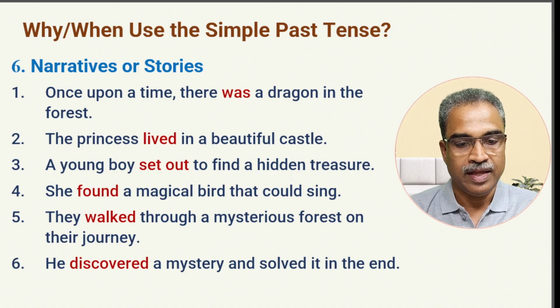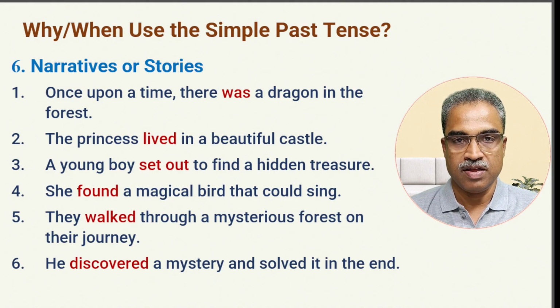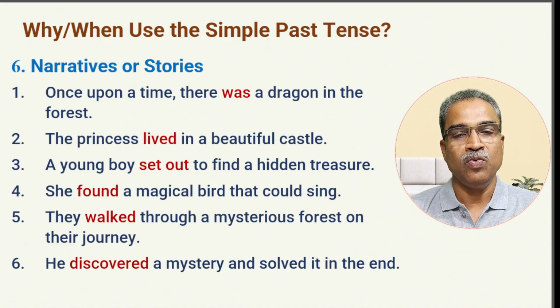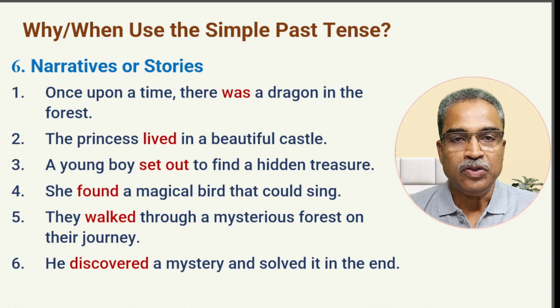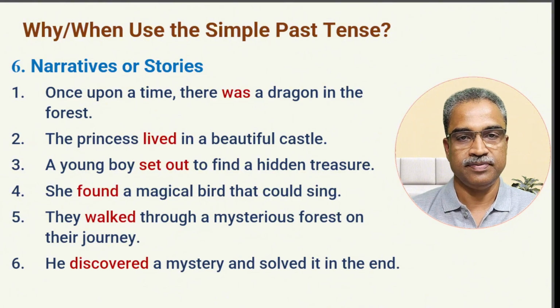They walked. He discovered a mystery and solved it in the end. So what do you understand here? These are sentences which narrate or describe, or we tell a story. So when we tell a story, when we do a narrative, we need to use simple past tense.